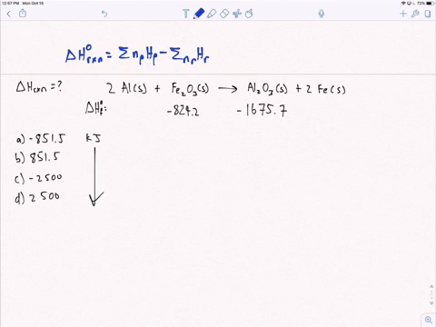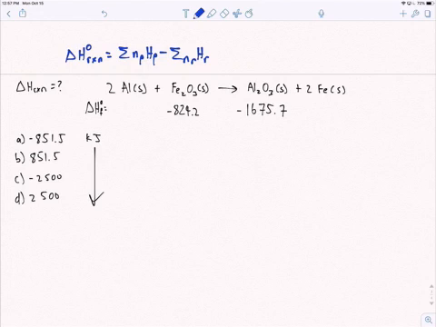Okay, so what is the heat of reaction for this one? Okay. How many think it's A, negative 850? I think it's B, 850. I think it's C, negative 2500. D, okay. Guys aren't playing.